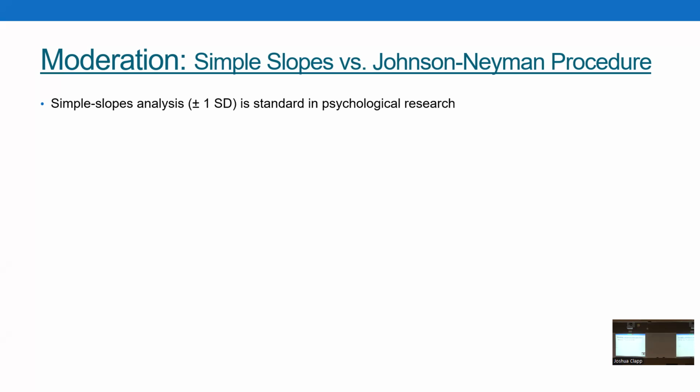At what point on my moderator do I stop seeing a relation between X and Y? Or at what point do things flip from a positive association to a negative association? Or across what range of my moderator can I expect evidence of an effect of X on Y? I can't get that with simple slopes.